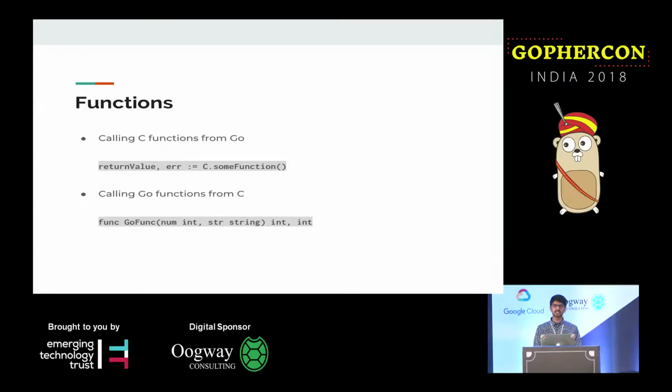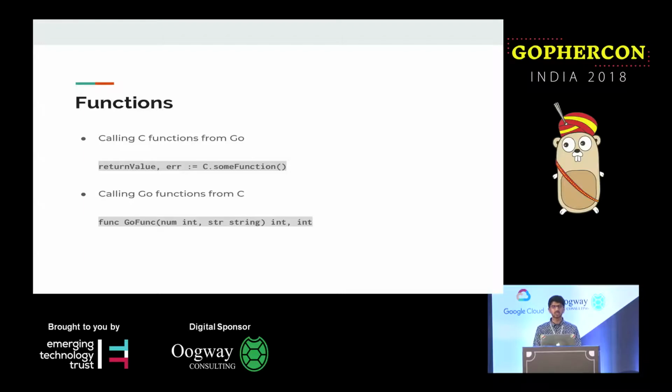So we saw a simple example of calling C functions from Go, but the example here shows some function returning two values. That's not actually what happens, but the err is something that Go pulls from the errno variable in C. So whenever we are writing any C code, we can set the error and then just return from the function.